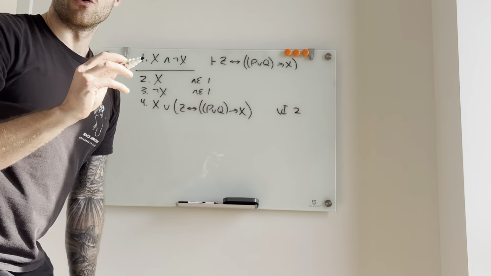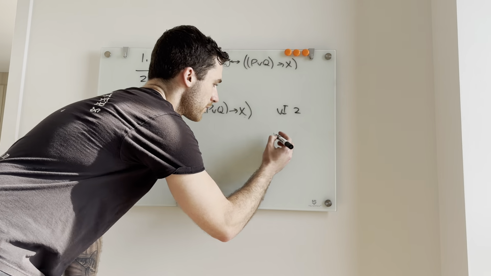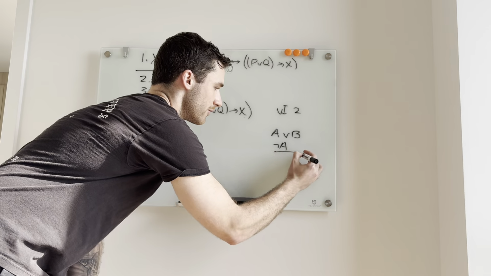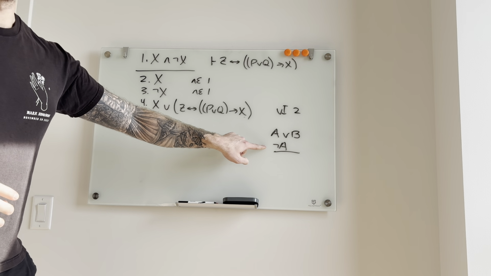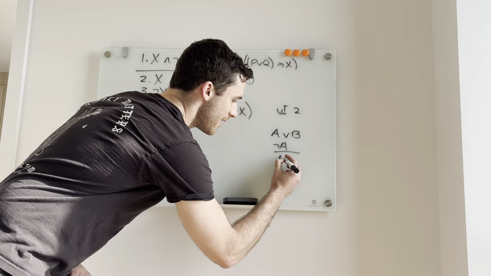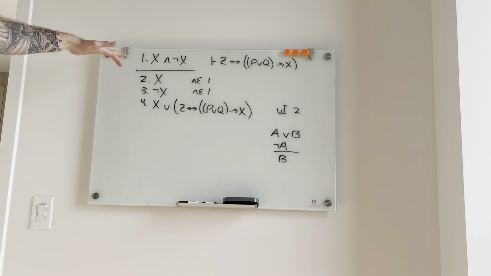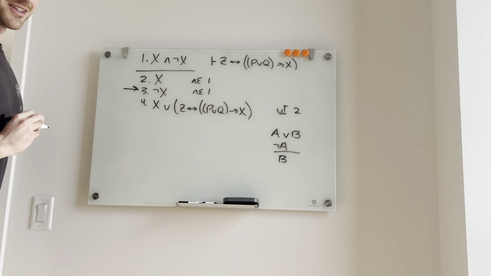Now, go and check your or elimination rule. Or elimination lets you do this: you have an or statement, you figure out one of them is false, that means the other one must be true. And because this premise is so weird, it's a contradiction. This guy tells me X is false.